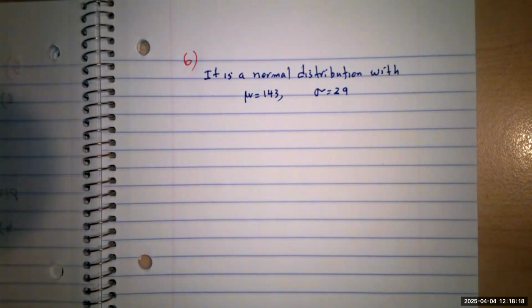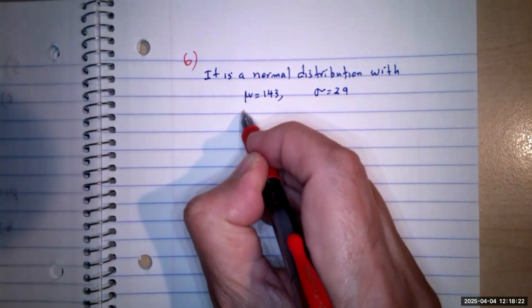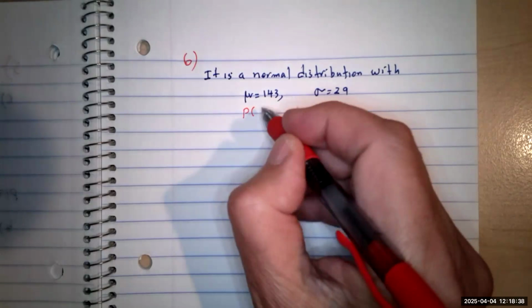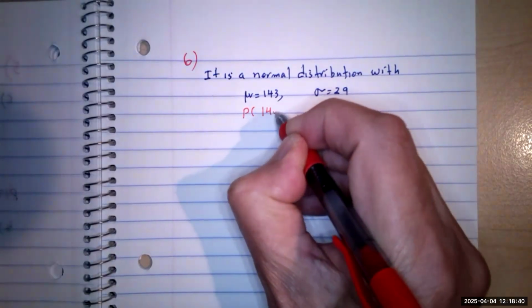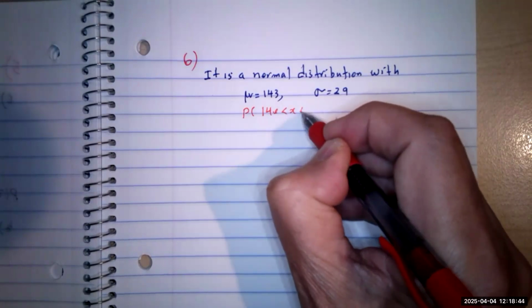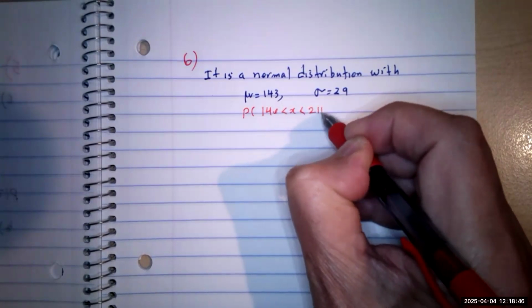So then you change the question into the symbolic form. What is the question? What is the chance that the weight of a woman, we pick one person out of the normal distribution. We select one woman randomly, and we want to know the chance that she would have a weight between 140 and 211.